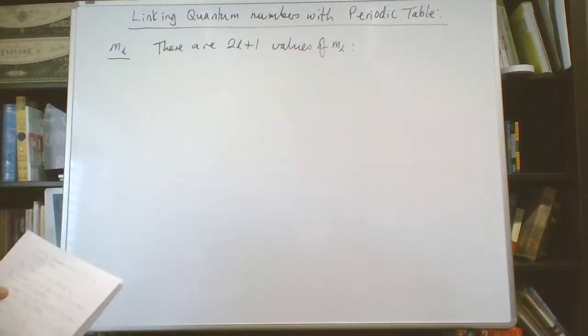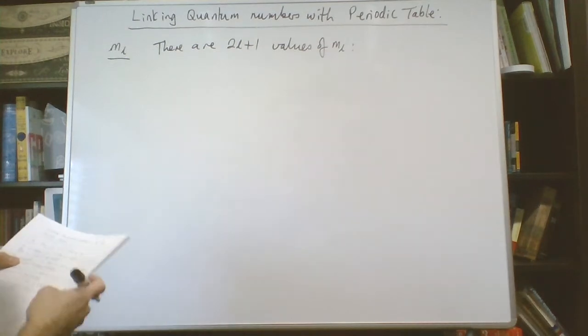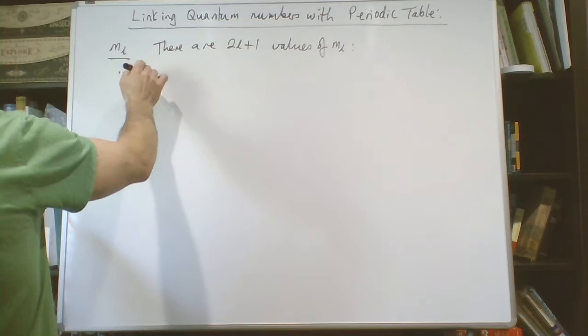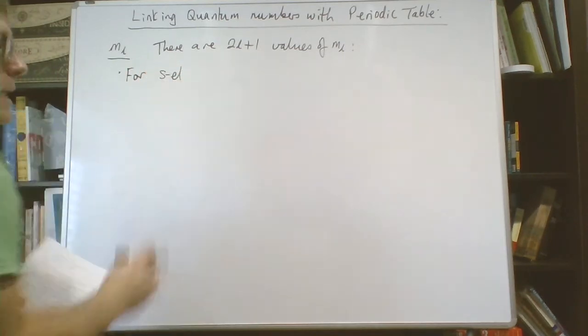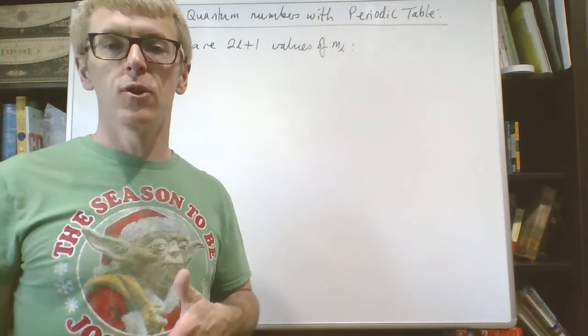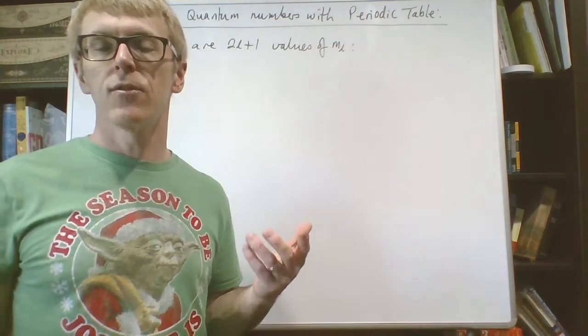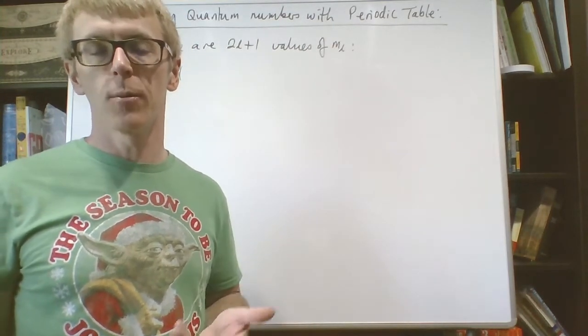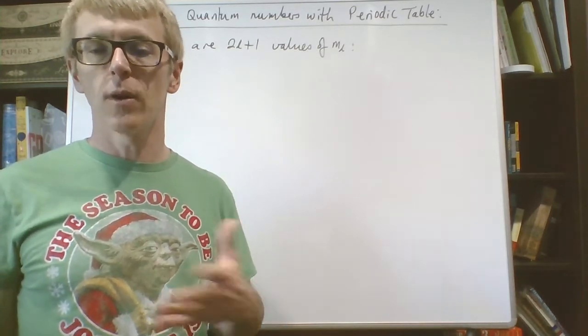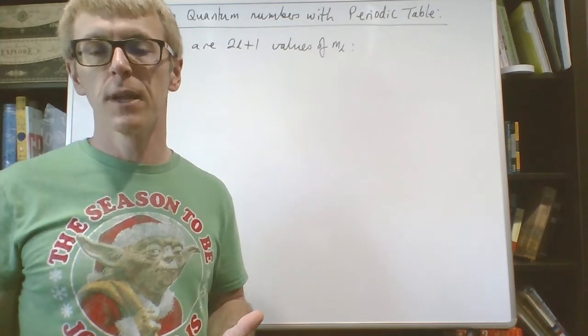And if we apply that fact to s orbitals, so for example, I'm going to call it s electrons. Now I have to be careful here. Electrons don't know or care if they're in an s orbital, a p orbital, a d orbital, or an f orbital. Electrons are quantum mechanically identical to each other.